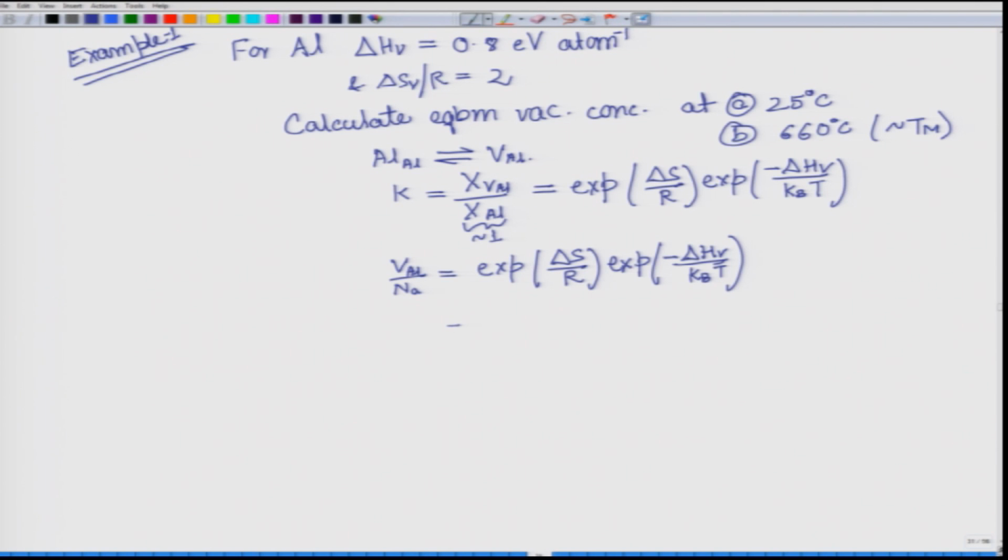So, XVAL is equal to exp of delta S by R, which is given as 2. So, it is exp 2, this will be constant, and exp 2 translates to 7.38. So, we have simplified our equation a little bit.